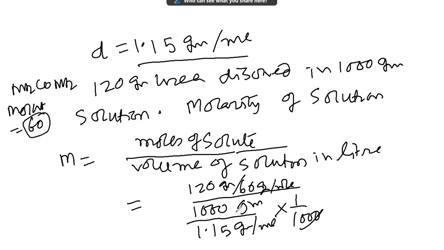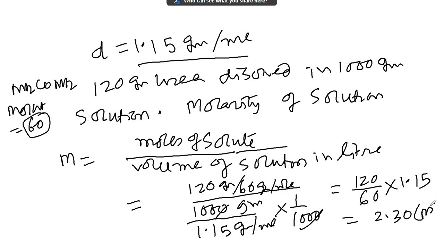So the grams cancel. In this case it would be 120 by 60 into 1.15, which is 2.30 molar. So this is the strength of the solution when 120 gram of urea was dissolved in 1000 gram of the solution.